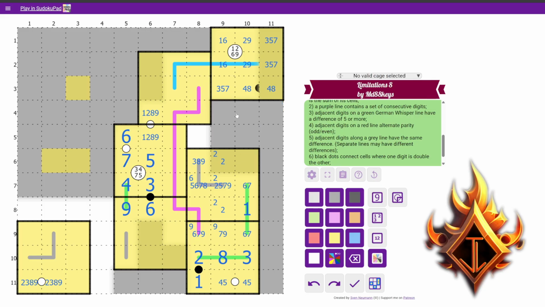Got a loss here. If this is a 9, then 9 has to be on a pink here. Can't be that one. So it would have to be here or one of those.